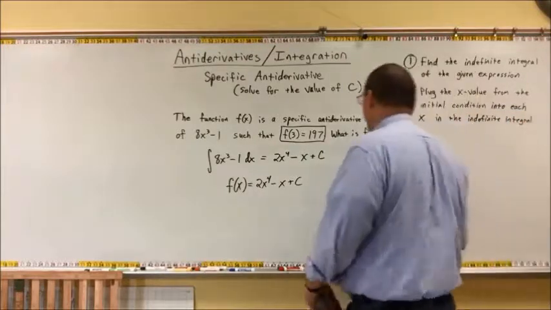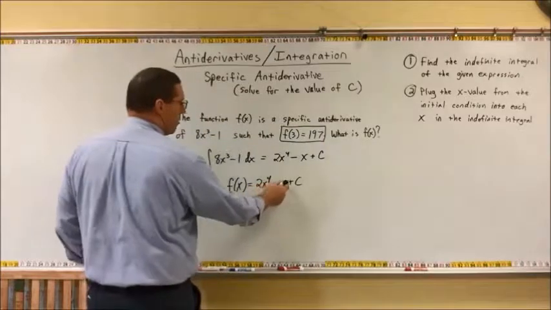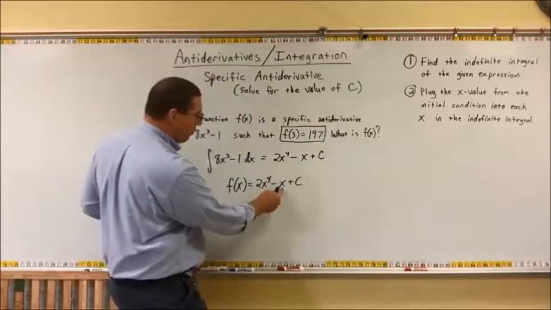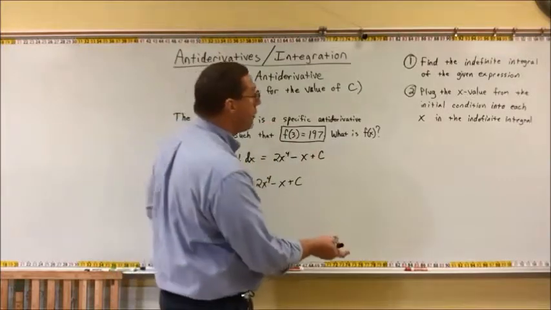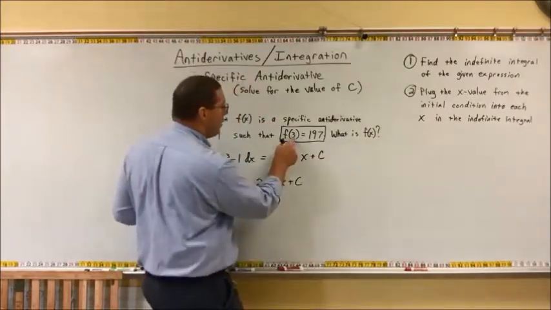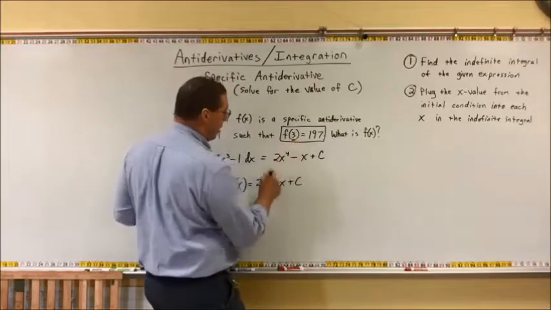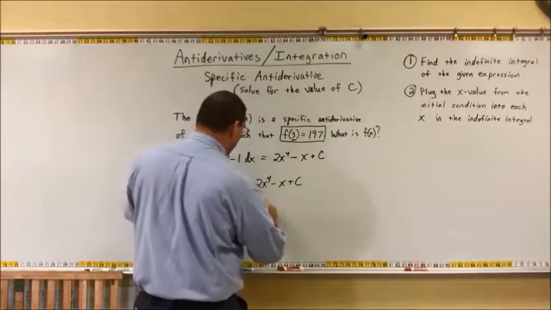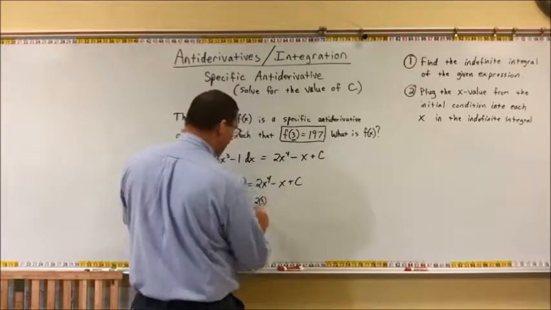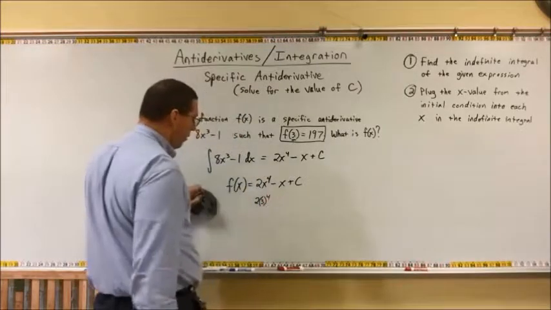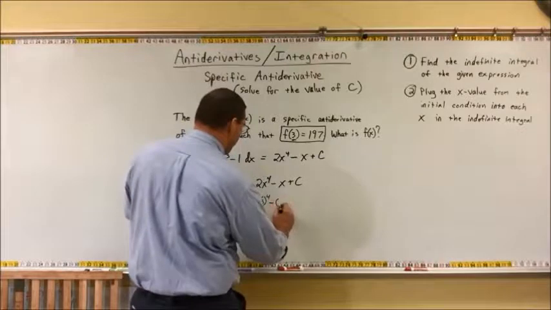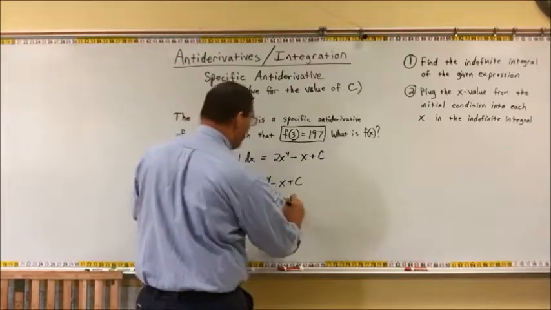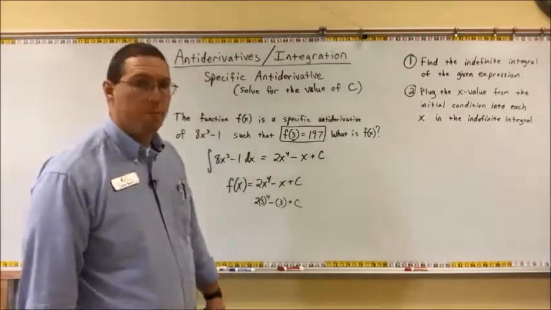Here's our indefinite integral, 2x to the fourth minus x plus c. There's an x right here and one right here. We're going to put in the x value from the initial condition, which is 3. So we put a 3 here and a 3 here, and I'm going to rewrite it as 2 times 3 to the fourth power minus 3 plus c. There we go. That's step 2.